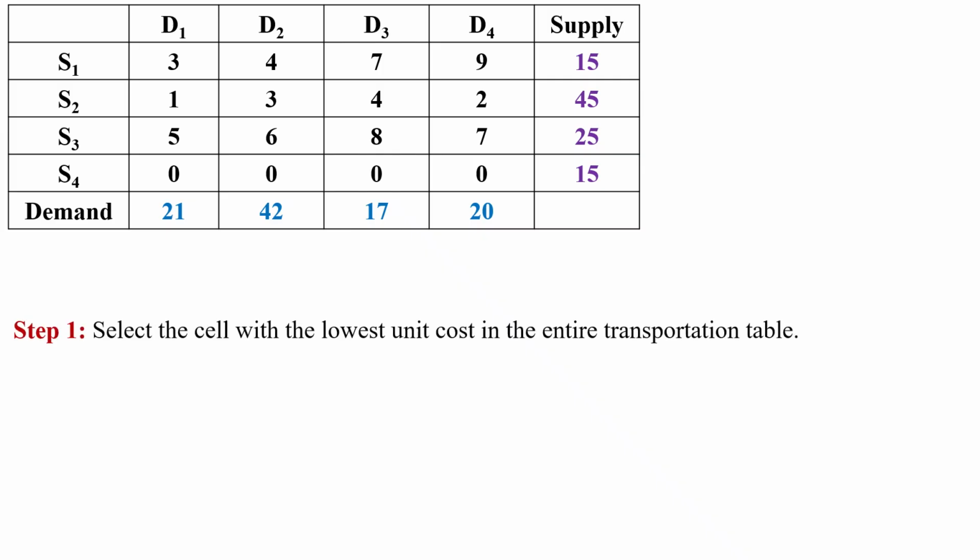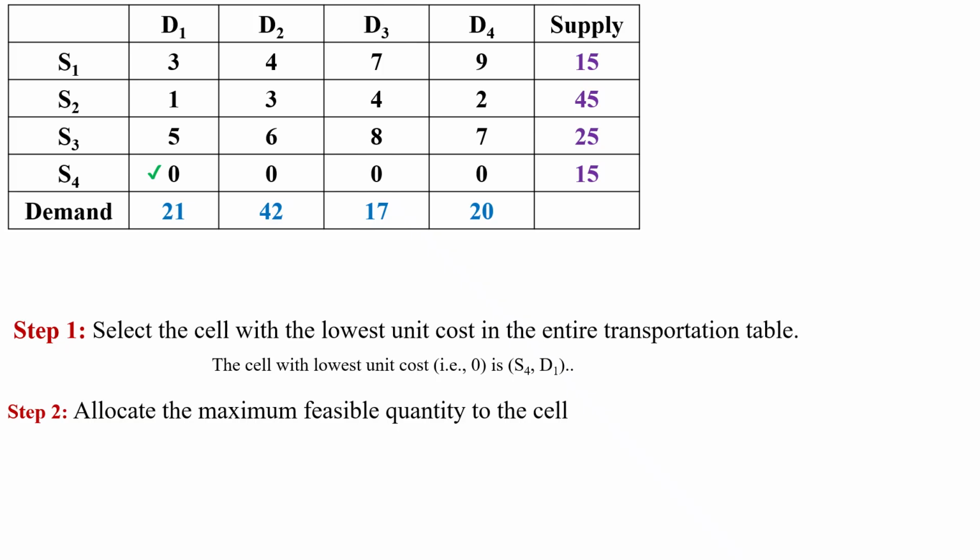First step is to select the cell with the lowest unit cost in the entire transportation table. Here the lowest cost is 0 for the S4 row elements. Among these elements, we select randomly. The randomly selected element is the 0 for the S4 row and D1 column. Next we allocate the maximum feasible quantity to this cell.